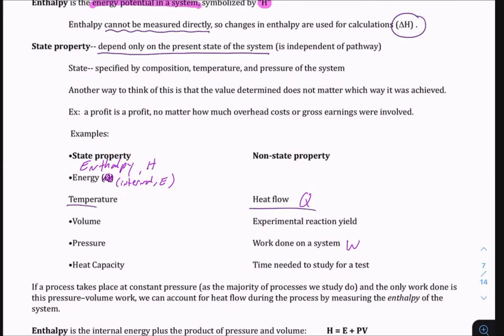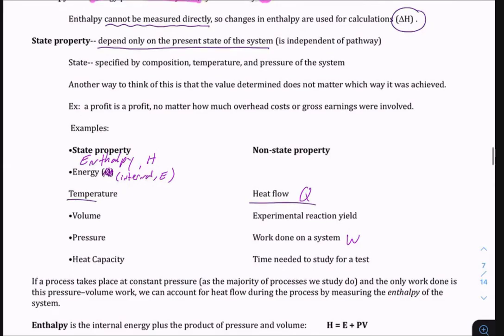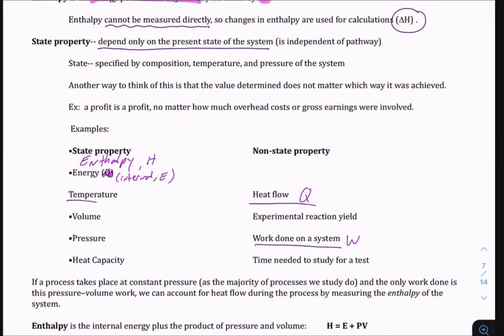So how much money you put into your business, right, and how much you get out of it, those are not state properties. The state property is your profit. Okay, but different companies can spend more and make more, but at the end of the day, what really matters is the profit. Work is not a state property, because you can do far more work in some scenarios, right?